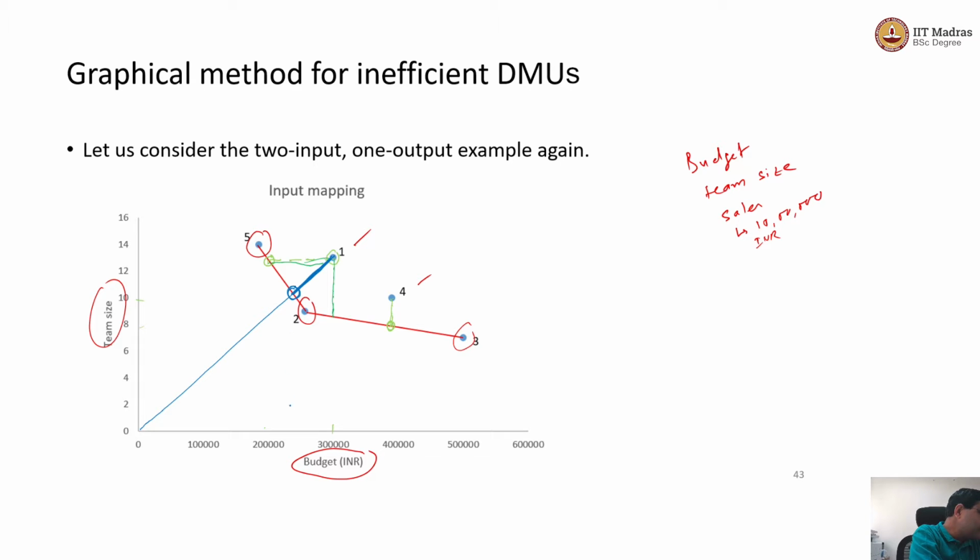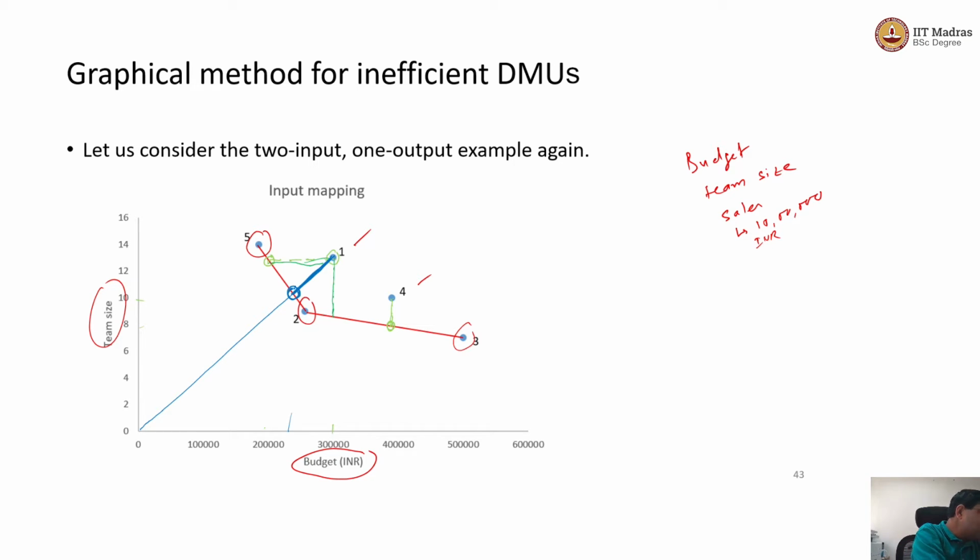Which probably means that it is somewhere more than 200,000 rupees, but certainly lesser than 300,000. The team size is definitely lesser than 13, but seems to be of the order of 10 or a little less than 10. And once it moves here, I will call DMU 1 also an efficient DMU.